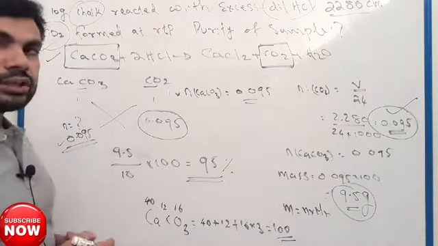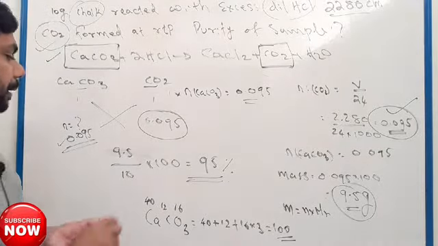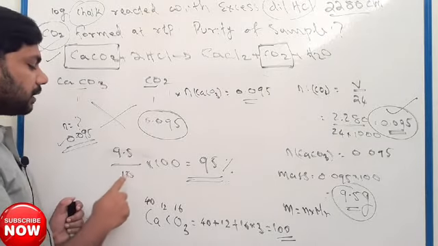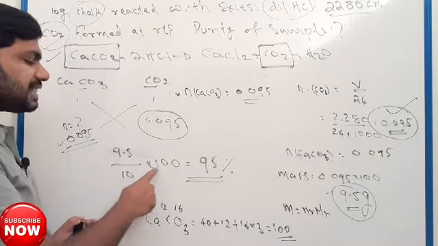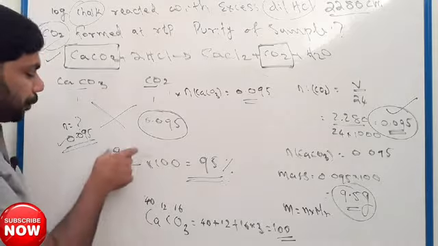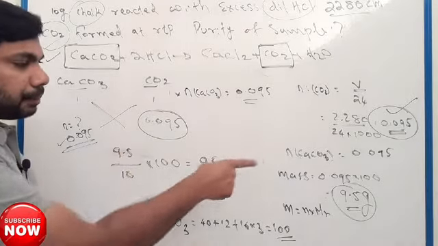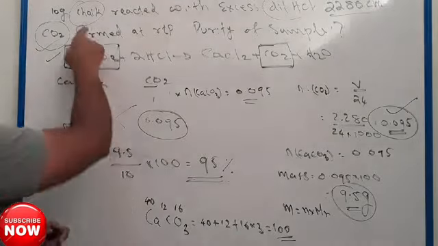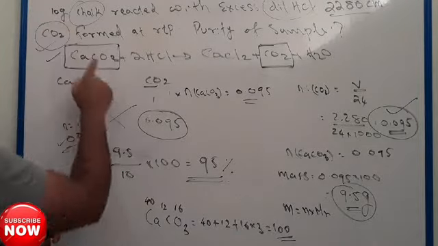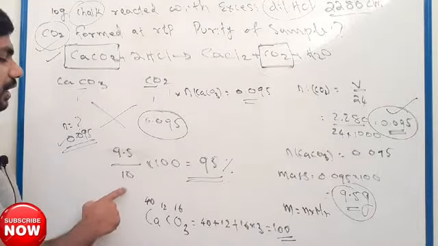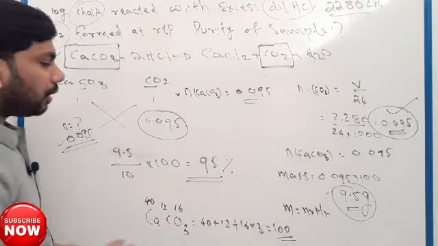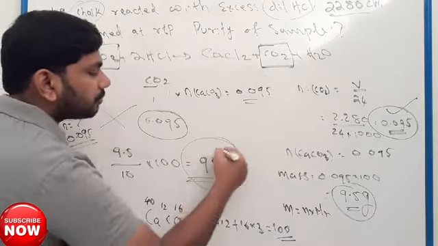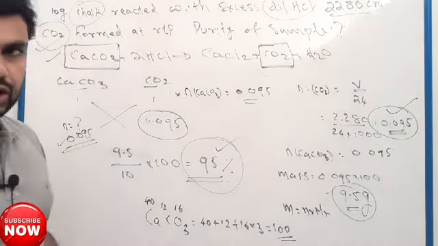So what is the equation to find percentage purity? Mass of pure substance divided by mass of impure substance times 100. Mass of pure calcium carbonate 9.5 divided by mass of impure calcium carbonate, which is 10 gram. 9.5 divided by 10 times 100. So our final answer will be 95 percent.